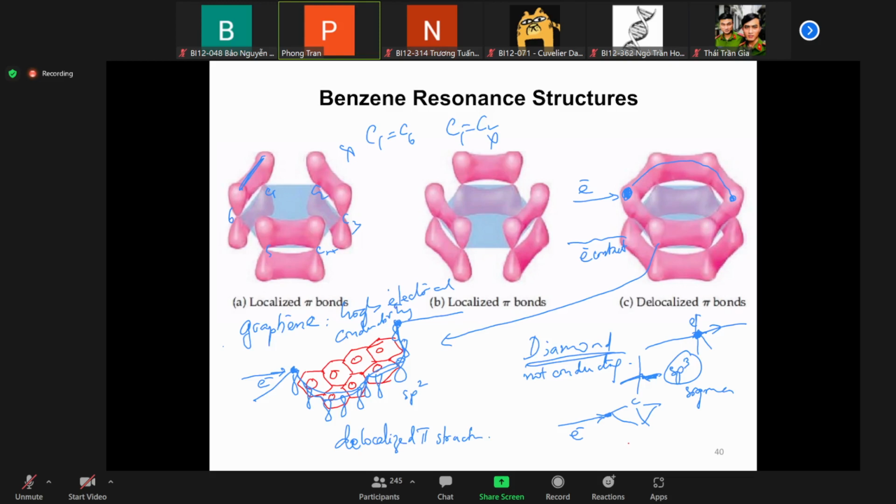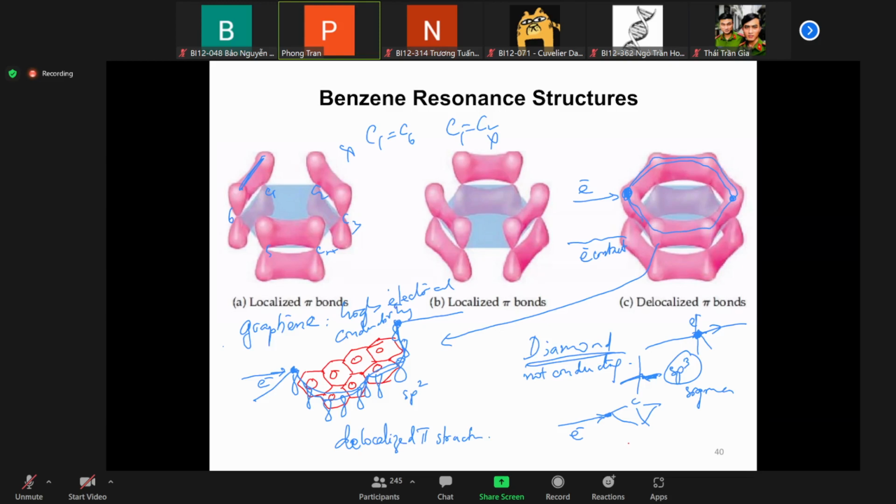But in reality, all the pi bond will be delocalized. That means it's equally distributed over all the sp2 carbons of the benzene. So all of the carbons will link together through the sideways mode pi bond of the orbital p.